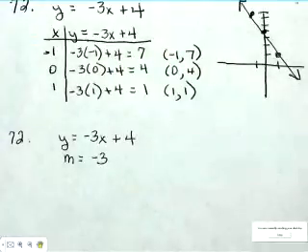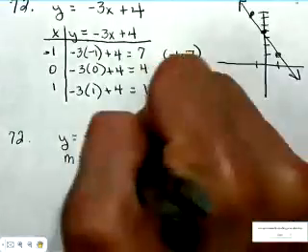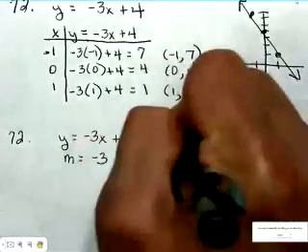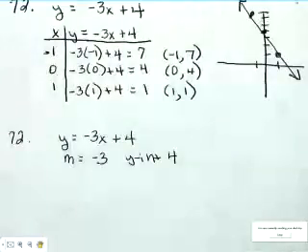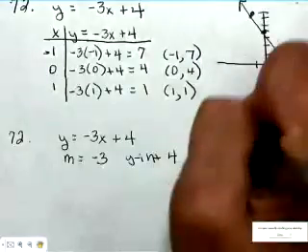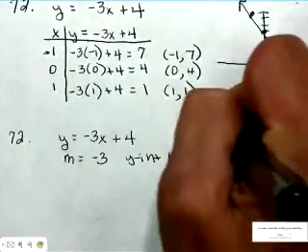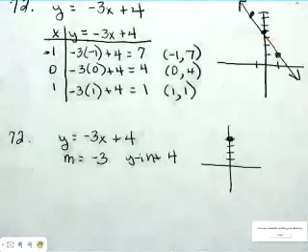Okay, the slope is the coefficient of x. And the constant on the end, that's your y-intercept. You wouldn't even have to write that down. If I gave you y equals negative 3x plus 4, and you thought, hey, the y-intercept is 4, then just put a dot on the y-axis at 4.